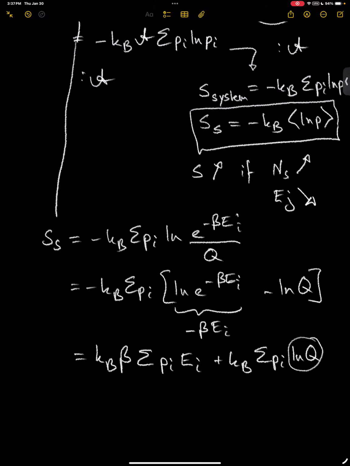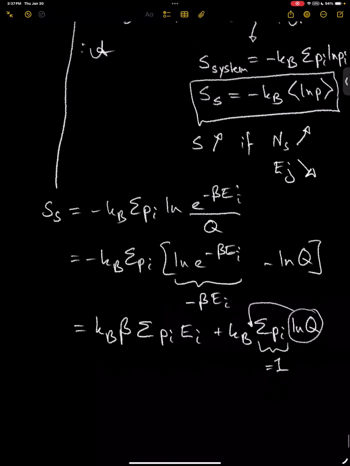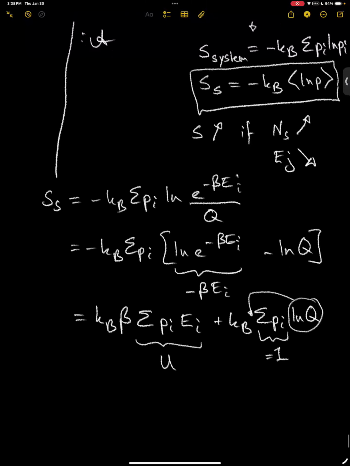Again, this logarithm here can be independent of the state, so I can pull it in front of the summation symbol, and then this one becomes equal to 1 again. Also, if I look at the first term, you might recognize the expression we have used for the internal energy U. Right?